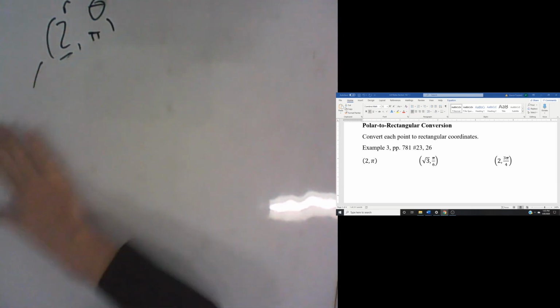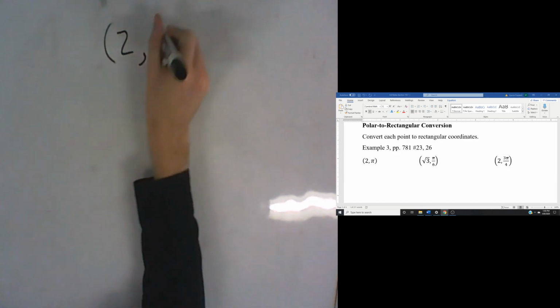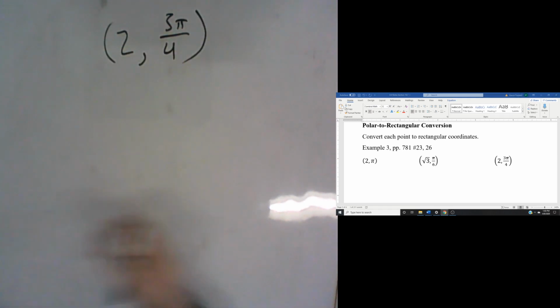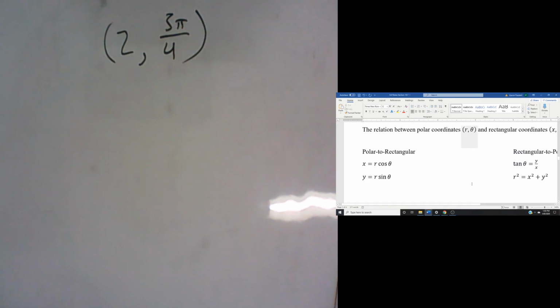You're going to give the conversion of 2 comma 3 pi over 4. Give the conversion for that polar coordinate. I'll give you a minute. Write it in chat so that I know you know it.